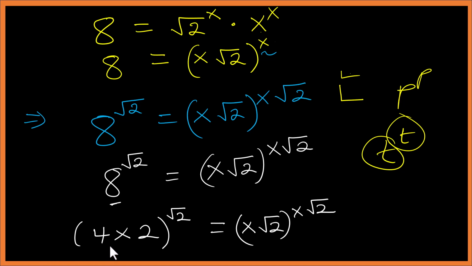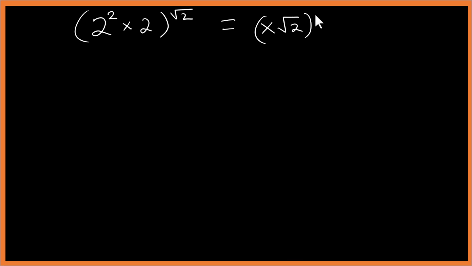Now let's write 4, okay, 4 as 2 squared. So we have 2 squared times 2, all raised to x times square root of 2, raised to x times square root of 2.